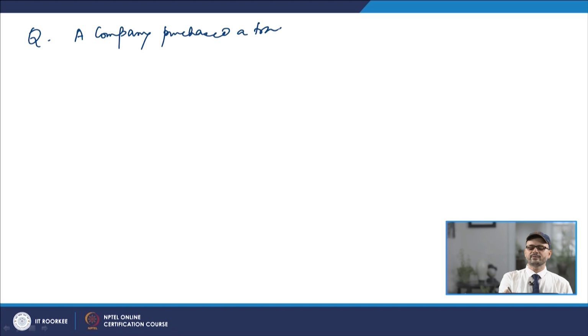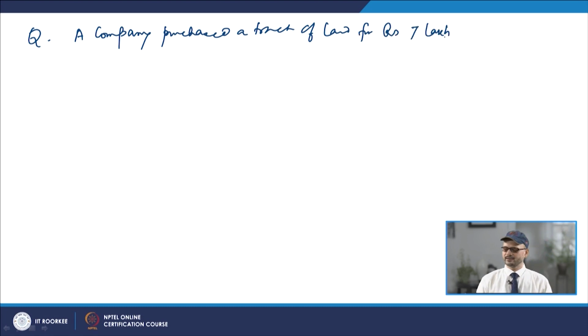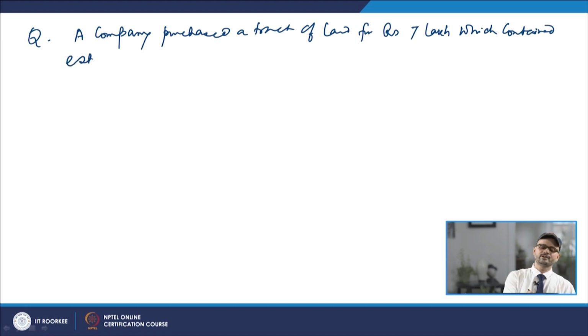Let us say there is a problem which tells that a company purchased a tract of land for rupees 7 lakh, which contained an estimated 25,000 usable trees.